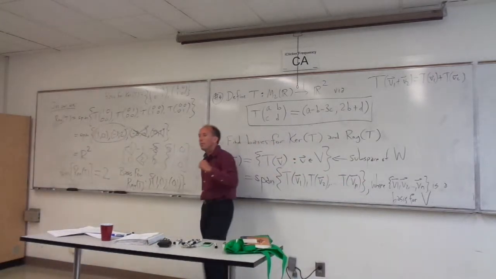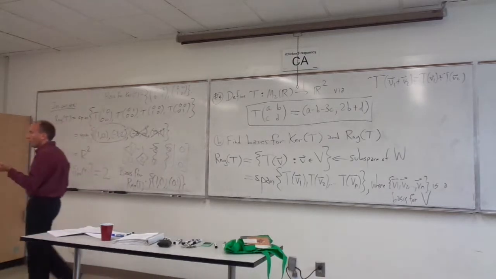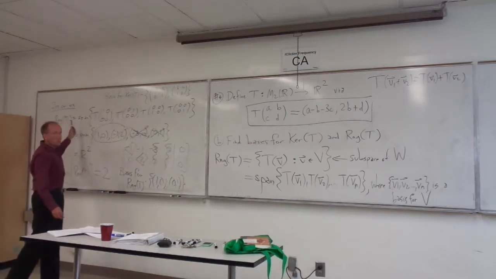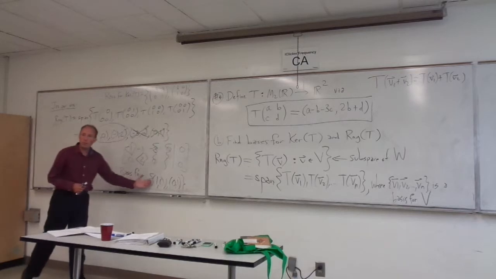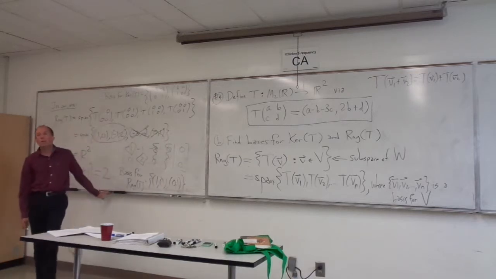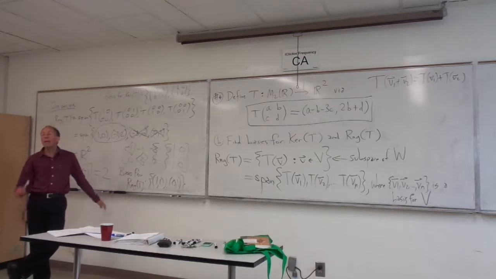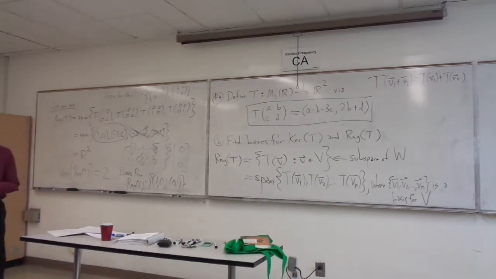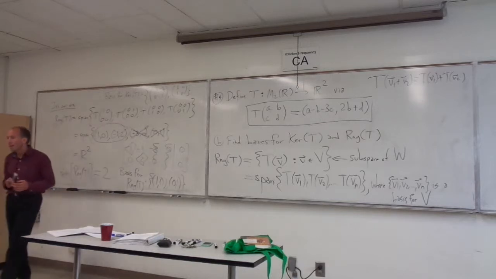Does anybody have an idea why I said that? Why I said that you would have been able to know that the range was R2 and that the basis you could choose is this? We could have done this a while back. You can't always do it a while back, but on this problem you can. Anybody know what I'm getting at here?